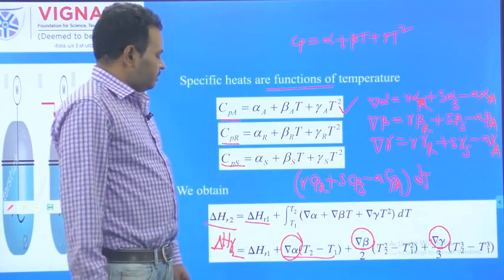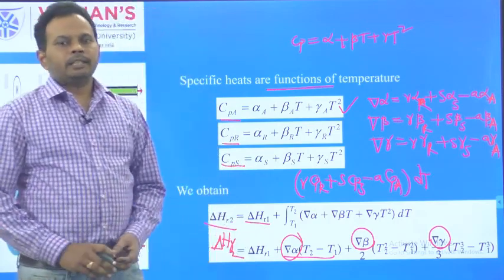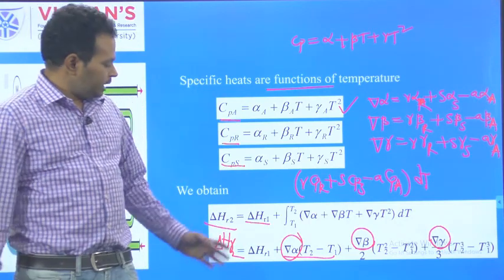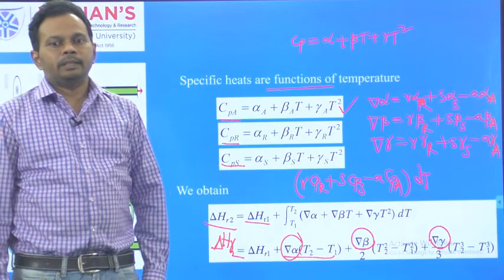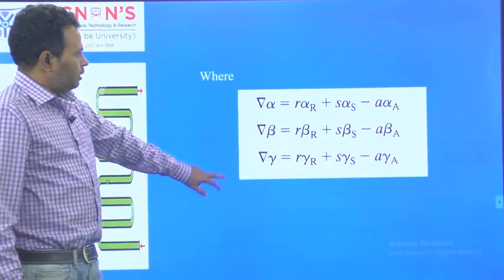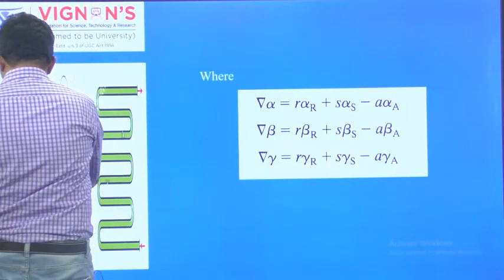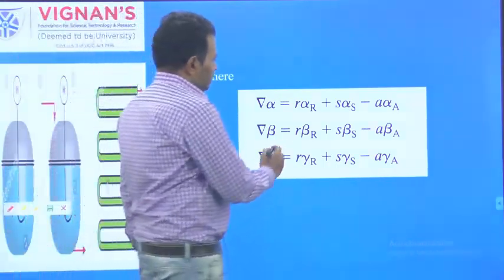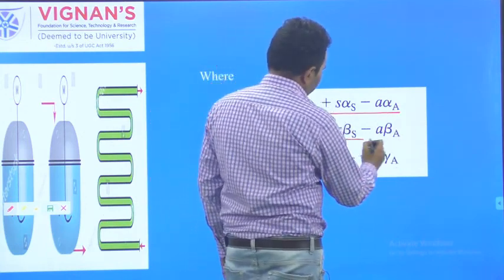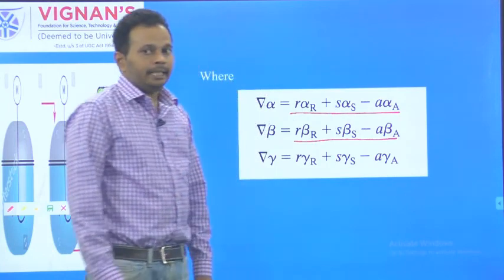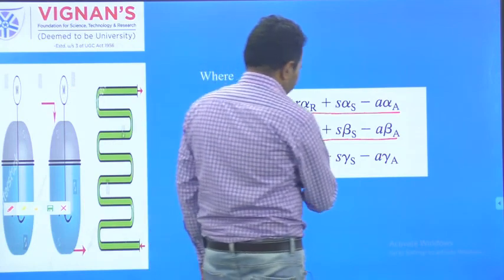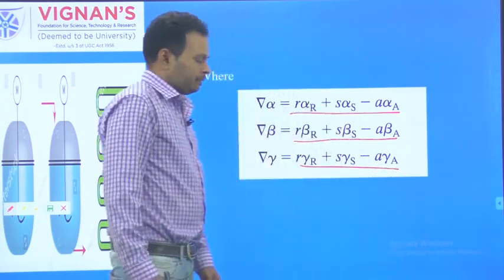So with the help of this equation, once you know the heat of reaction at temperature T2, you can find out the heat of reaction at temperature T1, and once you know the heat of reaction at temperature T1, you can find out the heat of reaction at temperature T2. Similarly, del alpha equals R into alpha R plus S into alpha S minus A into alpha A, del beta equals R into beta R plus S into beta S minus A into beta A, del gamma equals R into gamma R plus S into gamma S minus A into gamma A.